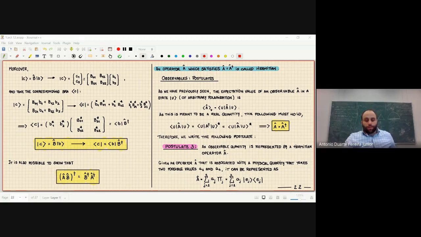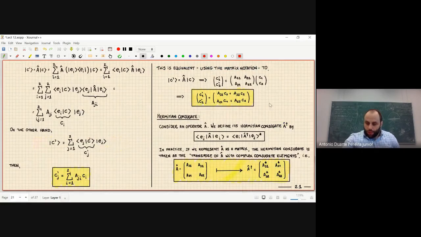Yeah, so now I see your point. So when I write A dagger, what I mean by that is the following. You take the matrix A, and you take the transpose of the matrix A, and then you take the complex conjugate.